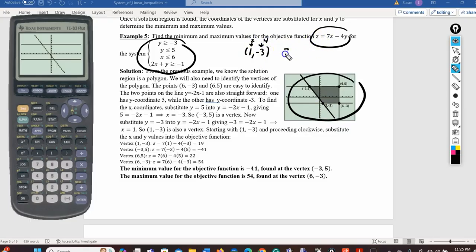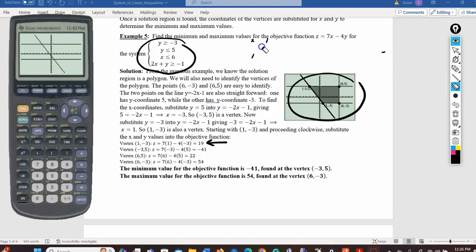So for this objective function, z is going to be equal to 7 times your x value minus 4 times your y value. And that's going to give me 7 plus 12, which is 19.